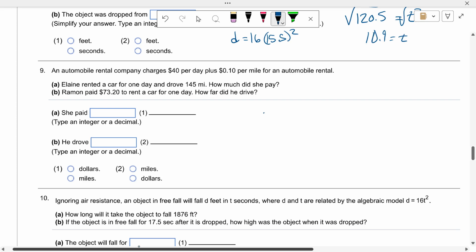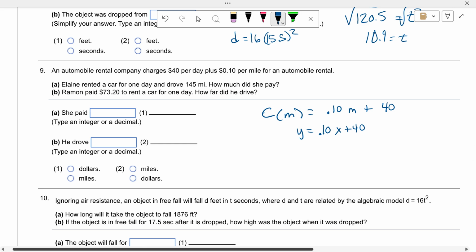So the function is the cost equals how much per mile? 10 cents per mile plus $40 a day. We could graph this if we wanted to because y equals mx plus b. But we don't have to graph it.